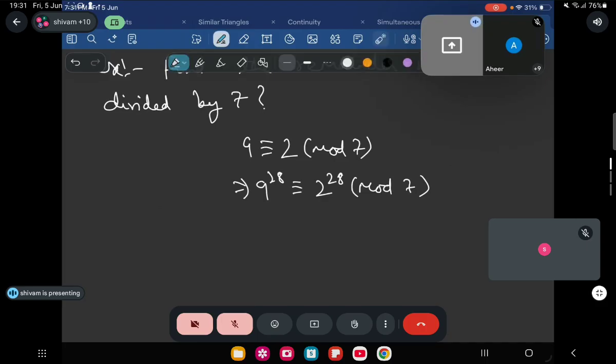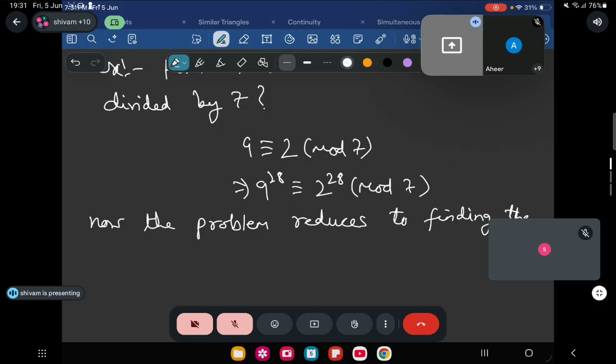So now the problem reduces to finding the remainder. Always reduce the base. Okay, finding the remainder when 2 to the power 28 is divided by 7.